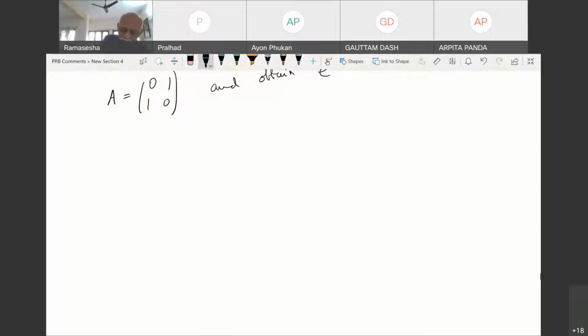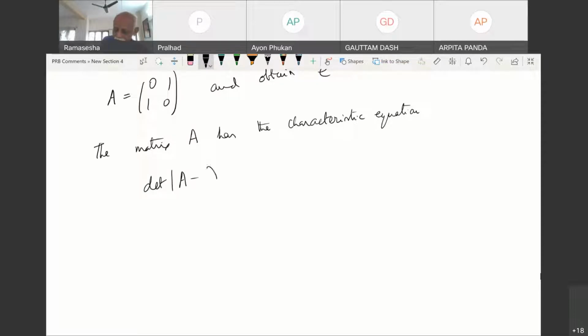Okay, now let us come to the following. See, the matrix A has the characteristic equation determinant of A minus lambda I equal to 0, and this is actually P of lambda. It's a polynomial of degree n.